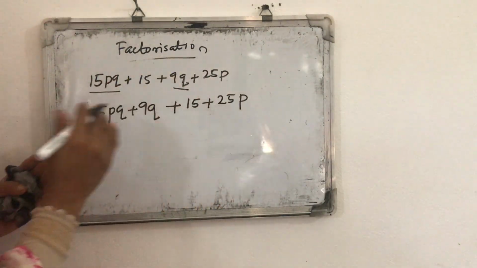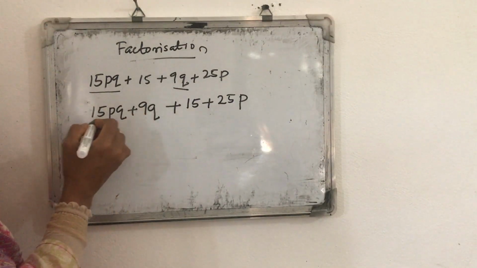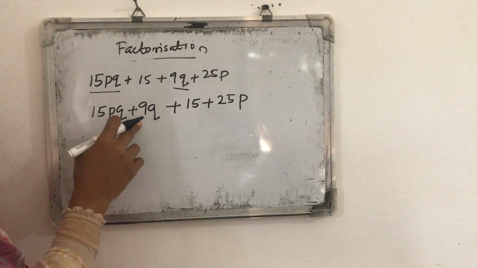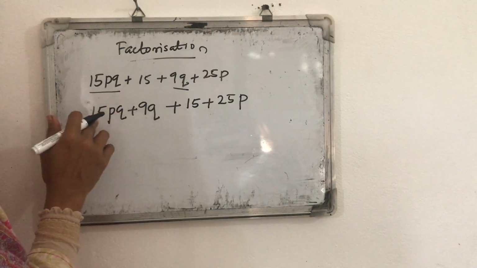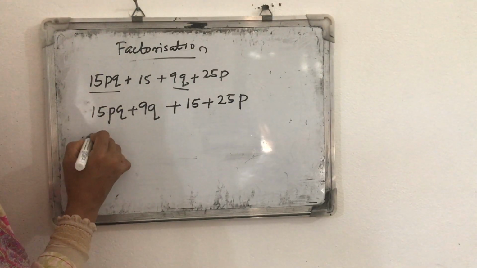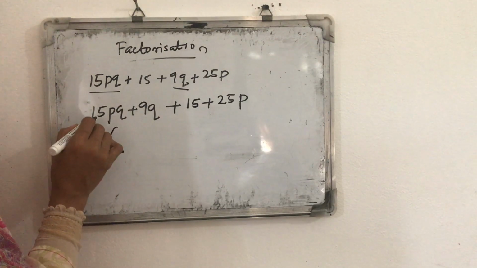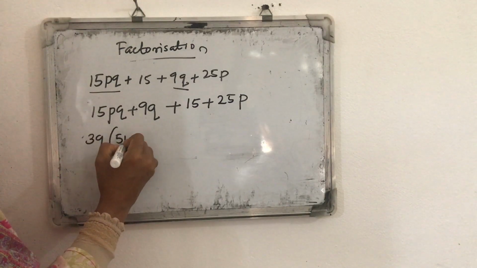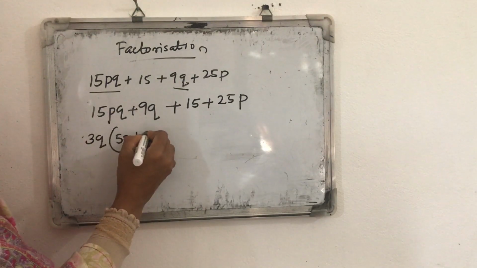We just rearrange this using the commutative property. Now what is common in 15pq and 9q? q and 3 are common: 3q is common in both. When we take 3q outside, here remains 5p, and in this term remains 3.